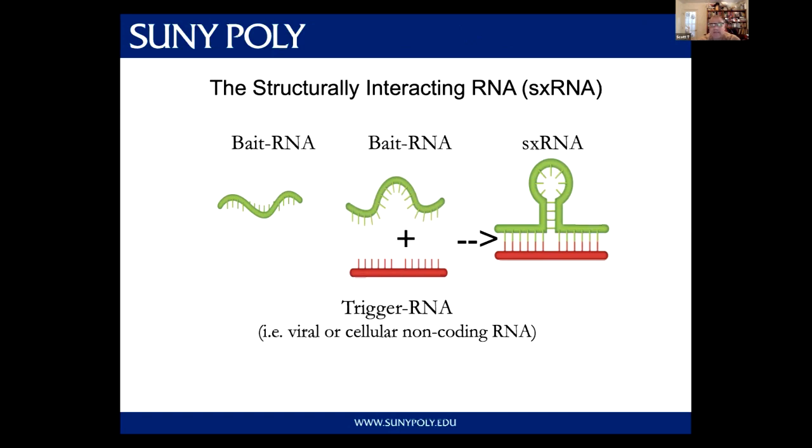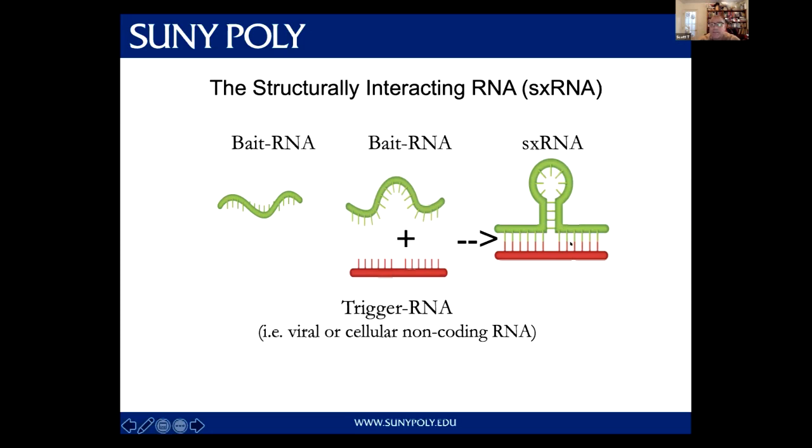And when it interacts, and you can see it's non-structured here, but when it interacts with what we call a trigger RNA, which is coming from a cell of interest, we get something that forms a complex or a structure of interest for us. And like I mentioned, these typically are in the 7 to 15 nanometer size nanostructures.